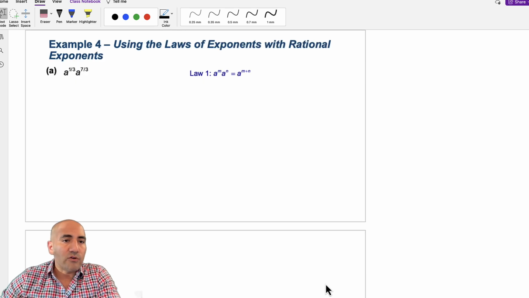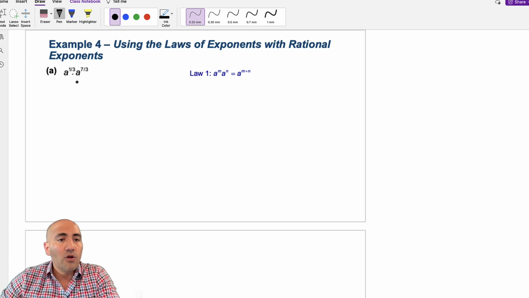Okay, so let's say we have a to the 1/3 power times a to the 7/3 power. We know from exponential properties that if we have two exponential numbers with the same base being multiplied, we add the exponents. So this is equivalent to a to the power of 1/3 plus 7/3.